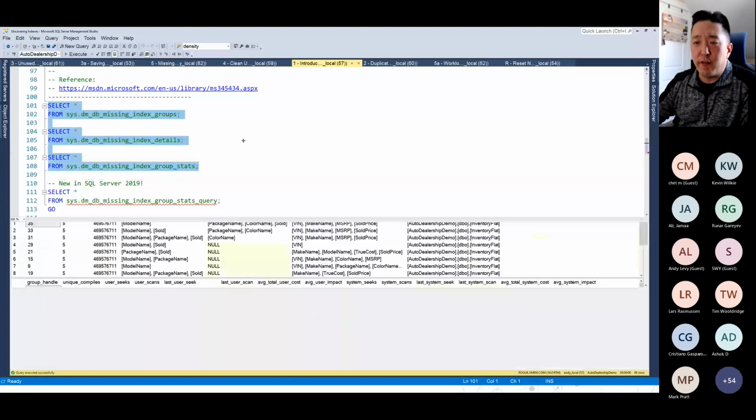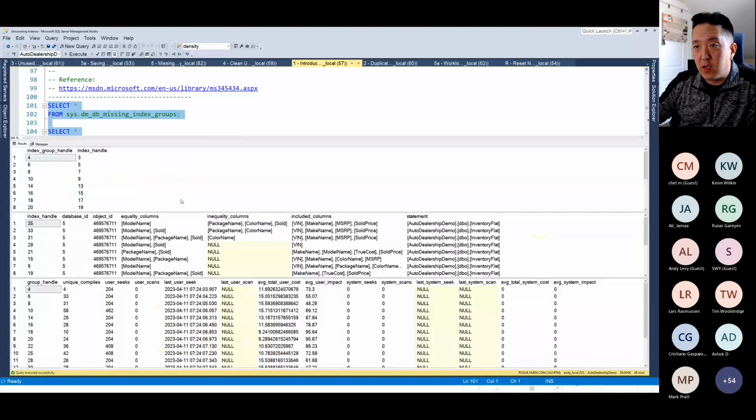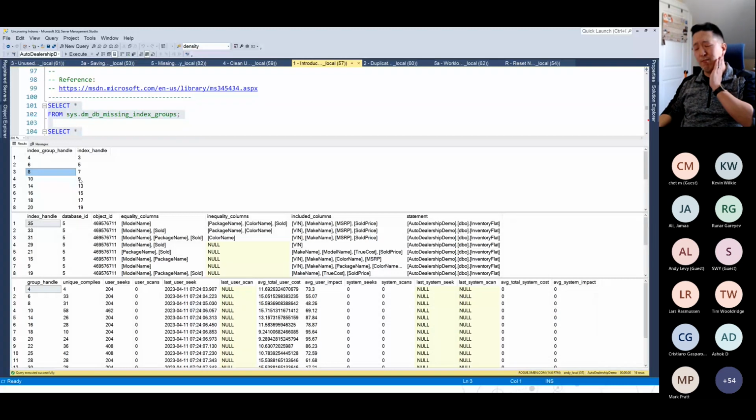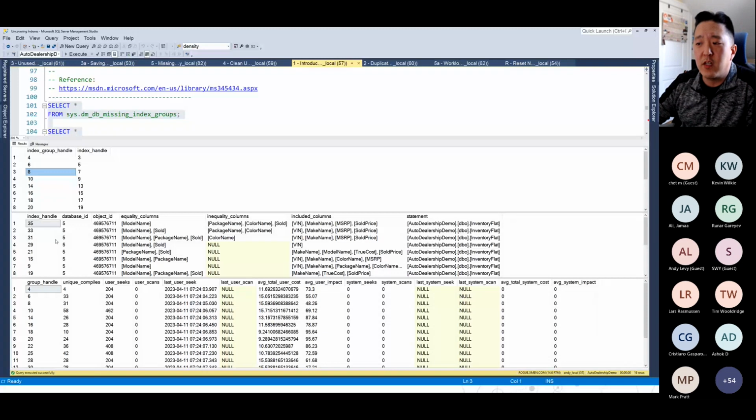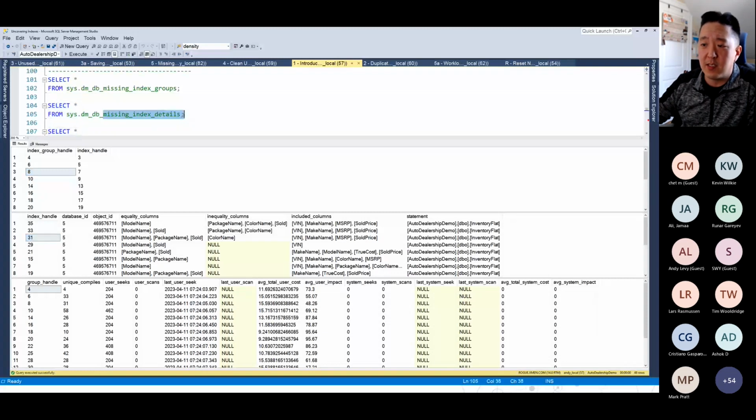So a quick overview of the three legacy DMVs. The first one, index groups, has the group handle, or the group ID, which is simply the primary key essentially for a missing index recommendation, so you see that it's referenced elsewhere. The index handle is the definition of the missing index recommendation, and that is materialized inside missing index details.